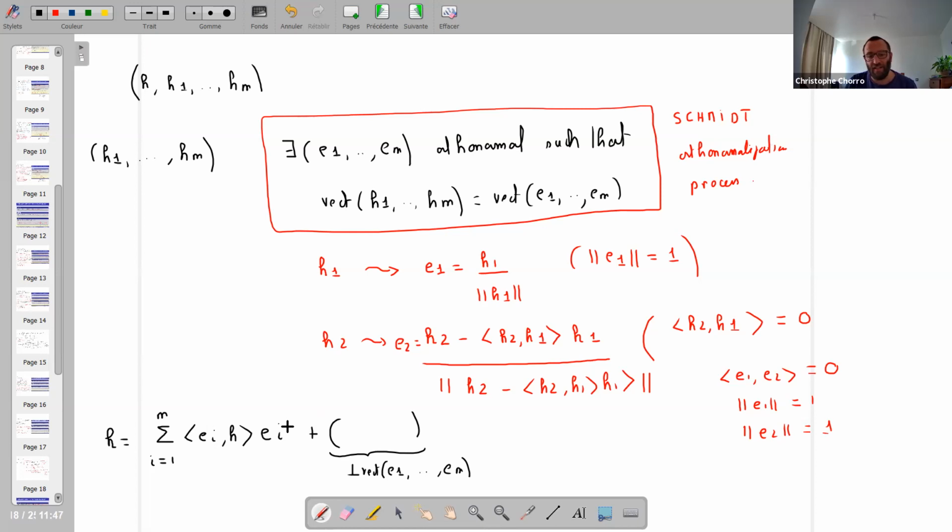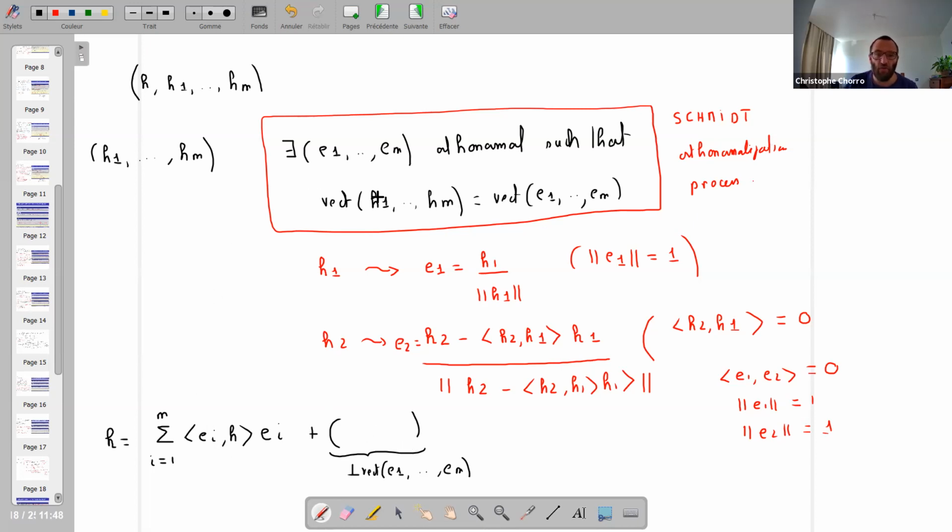And in fact, if you do this, you see that I can transform my initial family into an orthonormal one, with each vector being a linear combination of the first ones. And for H, I can write it as a linear combination of these vectors plus a term that is orthogonal.